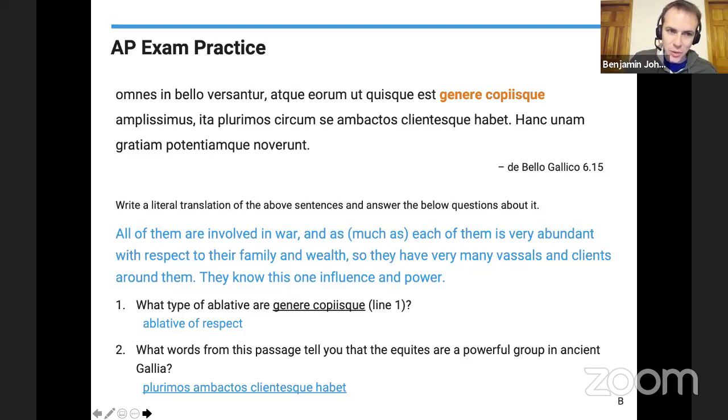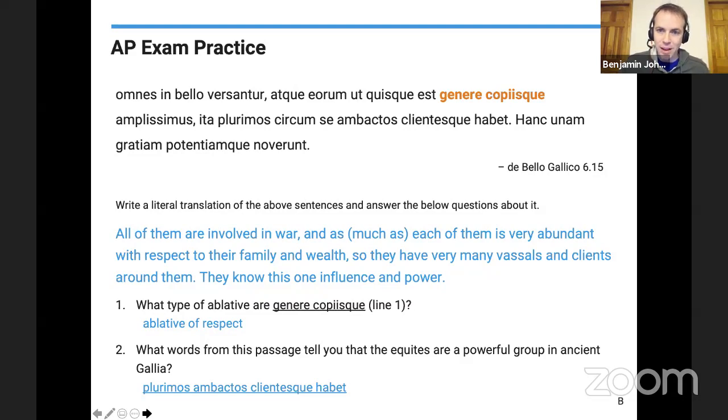All of them are involved in war. That's omnes in bello versantur. And this is a little kind of tricky with that ut there: as much as each of them, the eorum quisque, is very abundant, amplissimus, with respect to their family and wealth, the genera copiisque. So there's your ita.